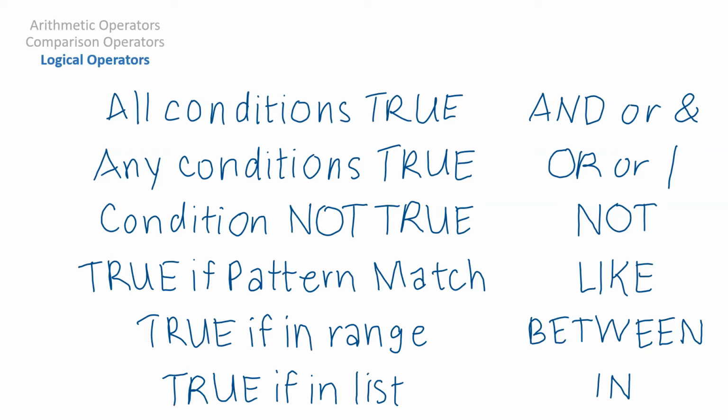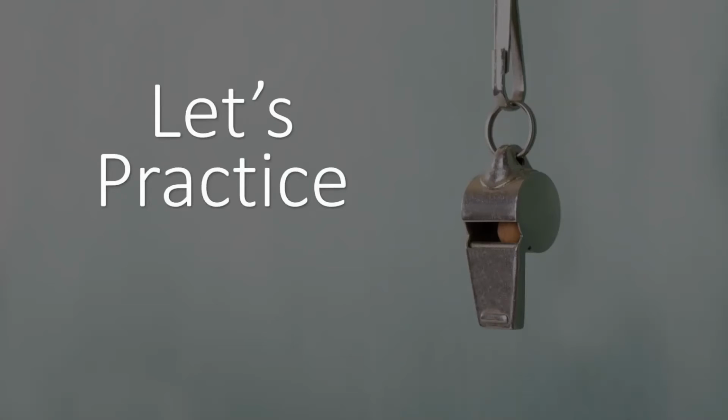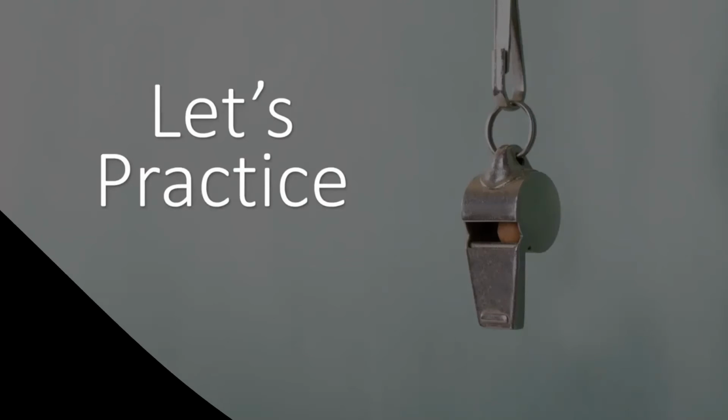So now we have an understanding of various types of operators, how they join operands to form expressions, and now we can take a look at how we construct filtering criteria using SQL WHERE clauses to return specific values by setting the appropriate conditions. Ready? Let's practice.